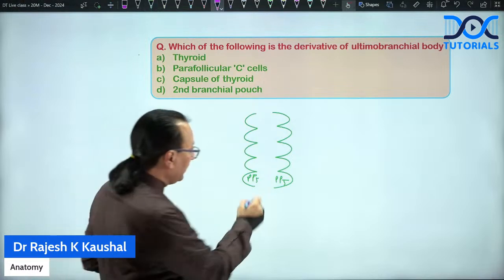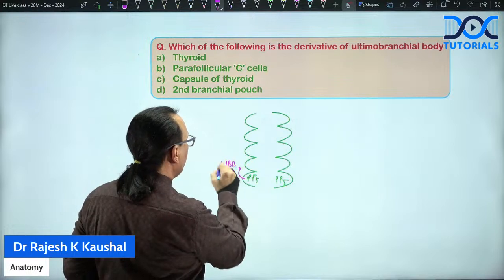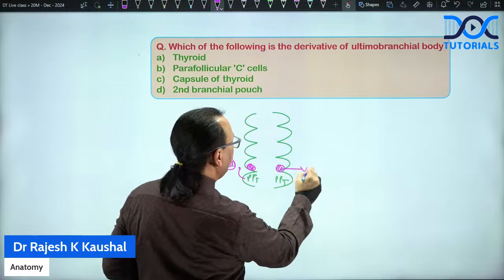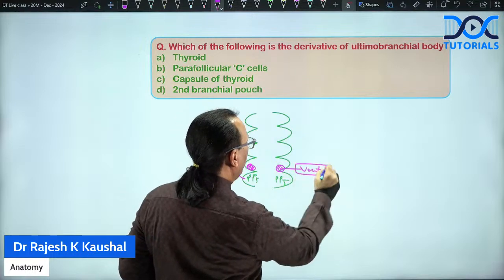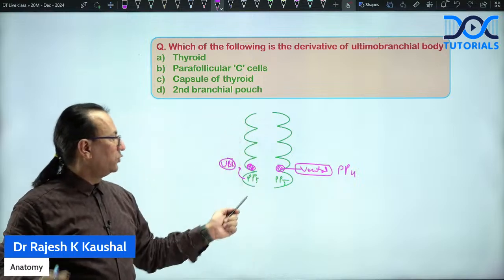And when the 5th one is disappearing, it will change into what is called ultimobranchial body. And that ultimobranchial body will be attaching ventrally to the pharyngeal pouch 4. So remember, there are 5 pharyngeal pouches.